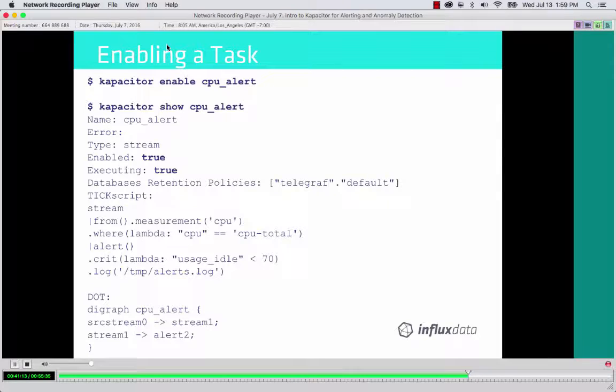What we're telling kapacitor now is we want you to make this alert, this task we had just defined, go live. And once we do that, we issue the kapacitor show cpu_alert command again, and we should see the exact same thing that we saw previously. The difference being that enabled and executing have toggled from false to true. So this task is actually being run in the database.